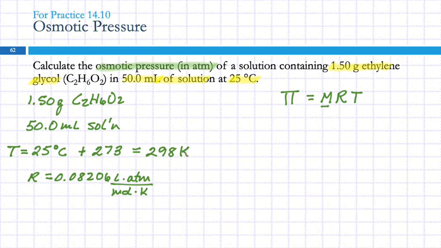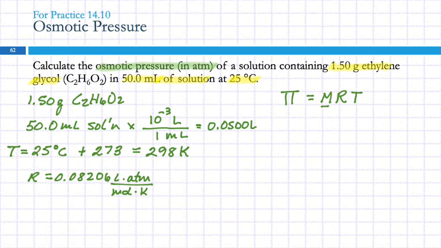And then we need to calculate the molarity of this solution. So there's molarity again. We need the moles of the solute, and we need to divide by the volume of the solution in liters. So we can convert this to liters. So that's going to be 10 to the minus 3 liters. So we're going to get 0.0500 liters.